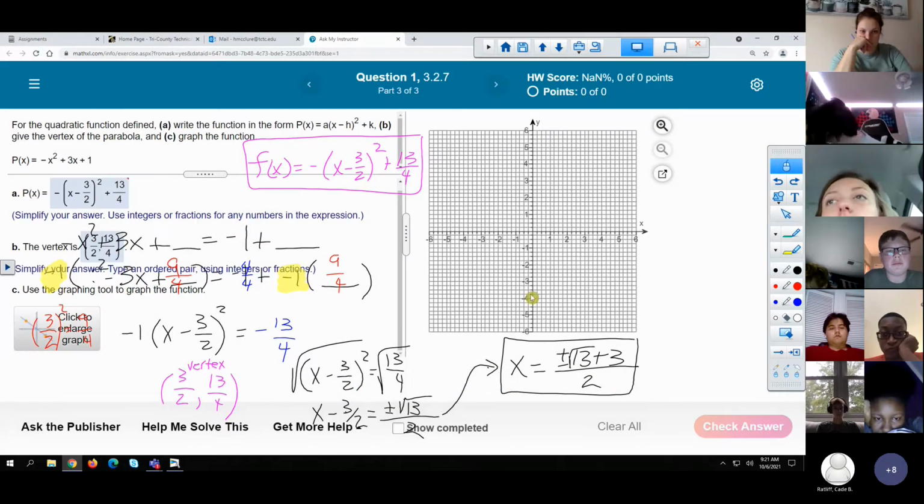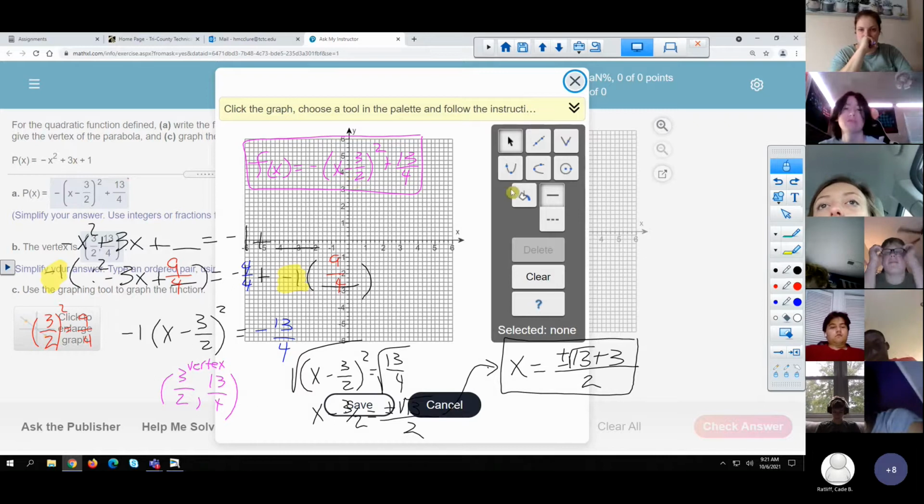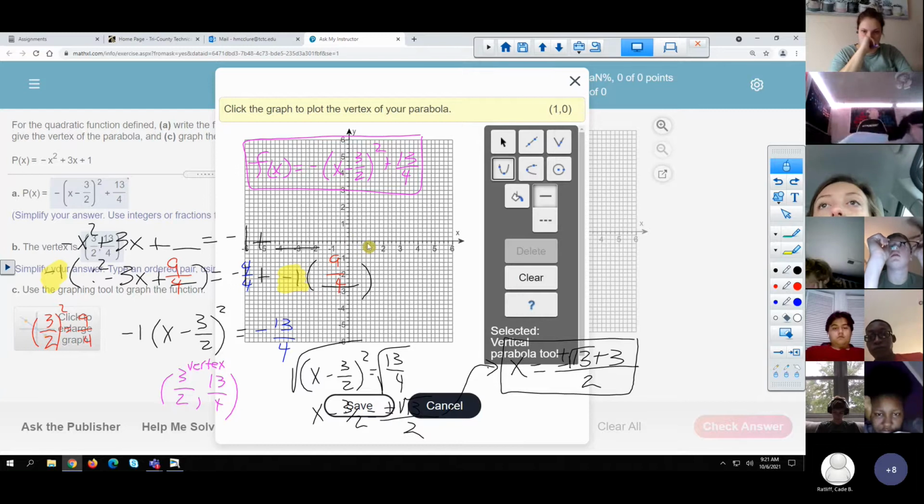And again, I'm going to go with graphing the vertex because it's not repeating decimals, and the y-intercept, which is 1. So 3/2 is 1.5. I got to make sure up there in the top right-hand corner it says 1.5.